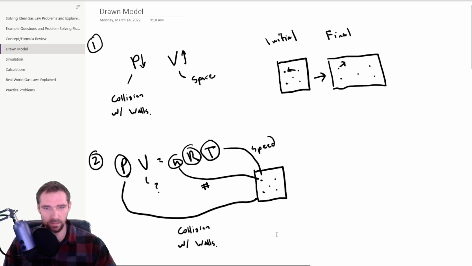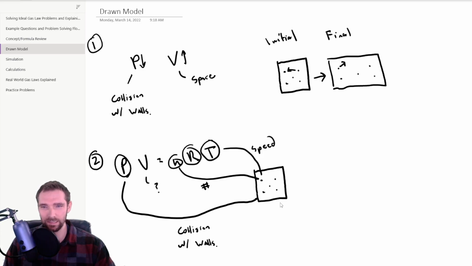So in a sense, you could imagine if you have all of that known, you can figure out how big the container is. Because if you know how many collisions there are, you know what speed they're going at, and you know the number of these things, you should be able to figure out the volume.